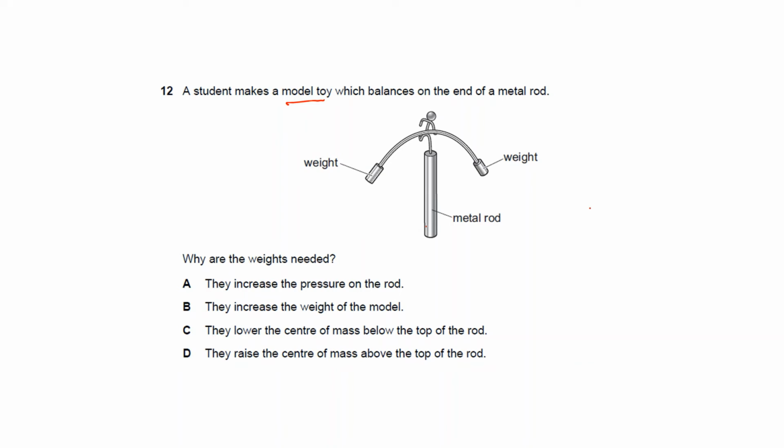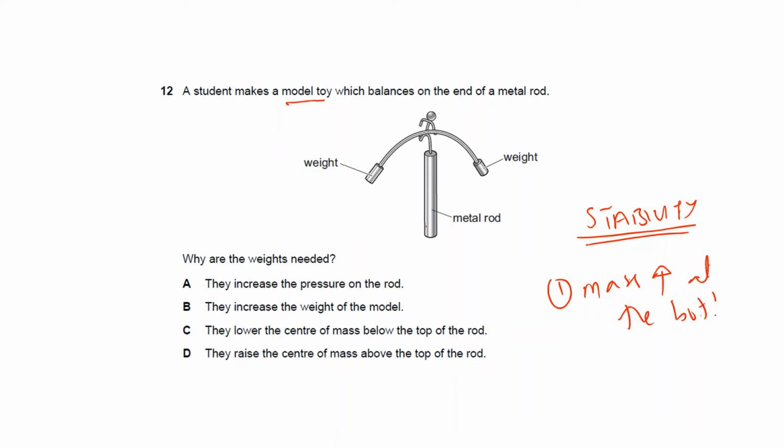And so one way that you can increase the stability is actually by increasing the mass, or you can say increasing the weight at the bottom. What that does is it lowers the center of mass. There are actually two things that affect stability: the center of mass, the lower it is on an object, the more stable it is, and secondly is the base area.